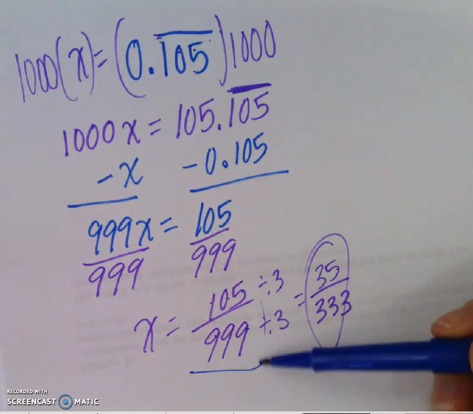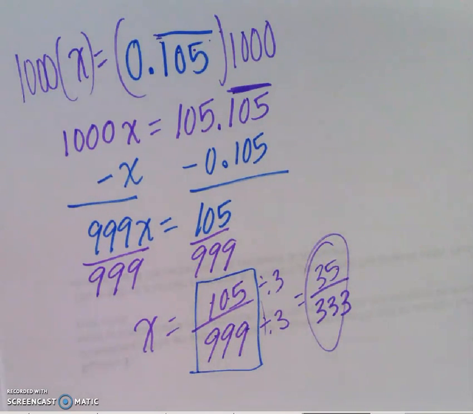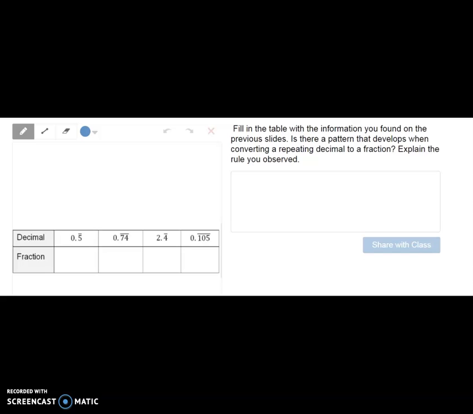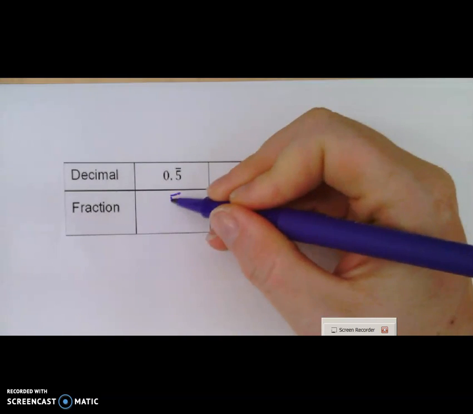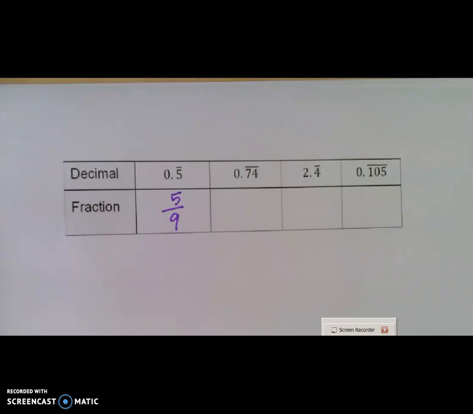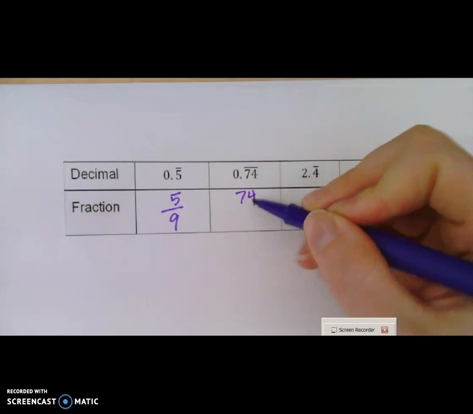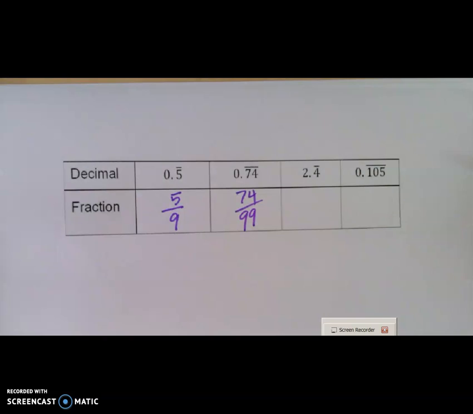But I do want us to look at this just so we can think about looking for a pattern. So let's look at slide 29 and see if we can find a pattern. Let's fill in this table together. So remember, 0.5 repeating, and we're going to be looking at these unsimplified, was 5 over 9. 0.74 repeating was 74 over 99.